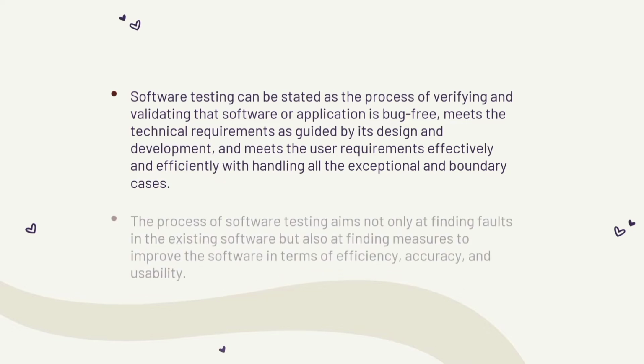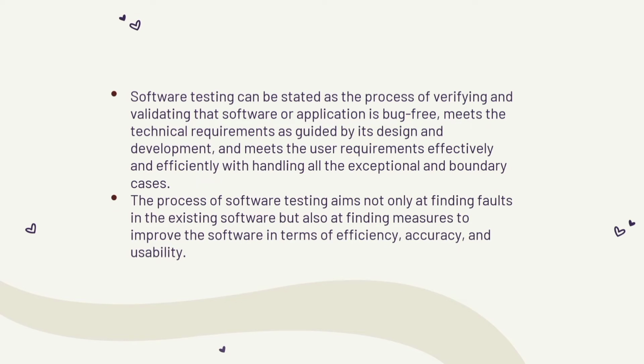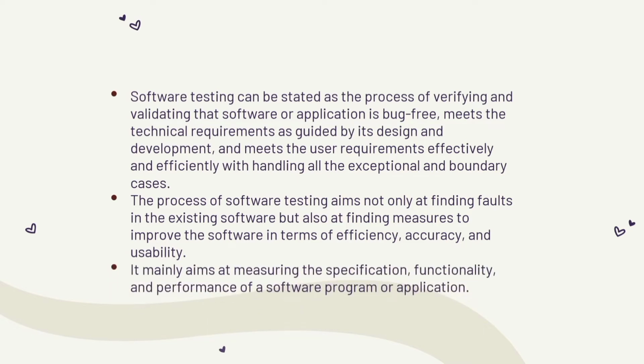The process of software testing aims not only at finding faults in existing software but also finding measures to improve the software in terms of efficiency, accuracy, and usability. It mainly aims at measuring the specification, functionality, and performance of a software program.